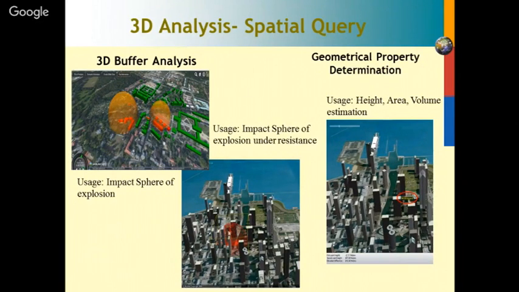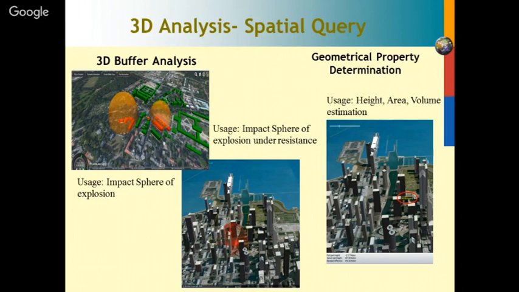This again has multiple applications, specifically in finding out the explosion impact. Then there are also cases where the resistance of a specific building can be used, and then accordingly the risk assessment can be carried out for different zones. There are also opportunities to find out the height, area, and volume of a building, which helps us estimate the overall cost of any decisions.